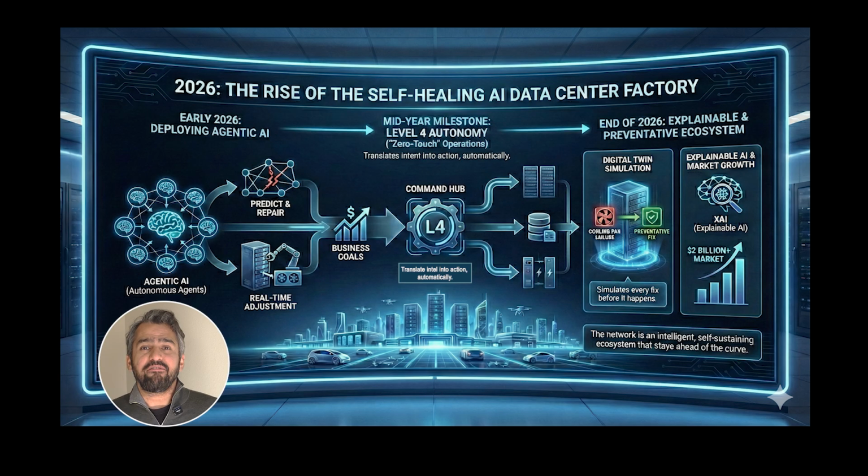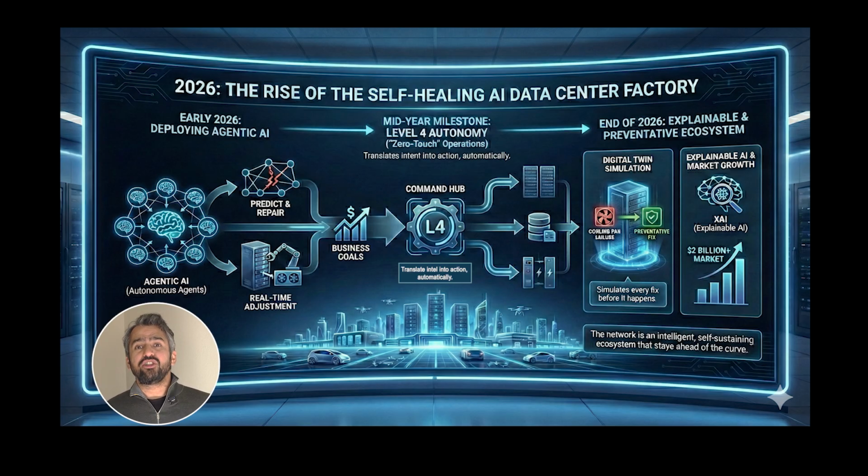As we move through 2026, AI data centers have evolved into self-healing factories. We are no longer just managing workloads, we are deploying agentic AI, coordinated networks of autonomous agents that predict, plan, and repair infrastructure in real time. By the end of this year, the industry is hitting a critical milestone, level 4 autonomy.